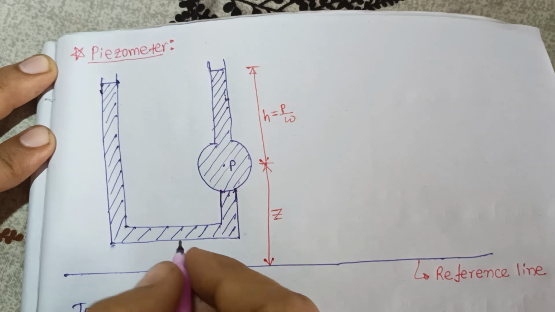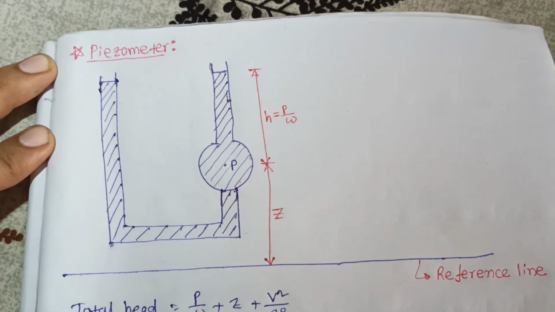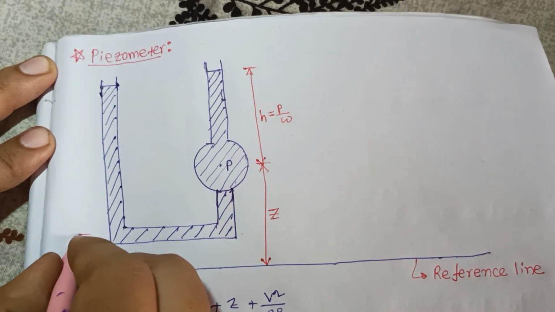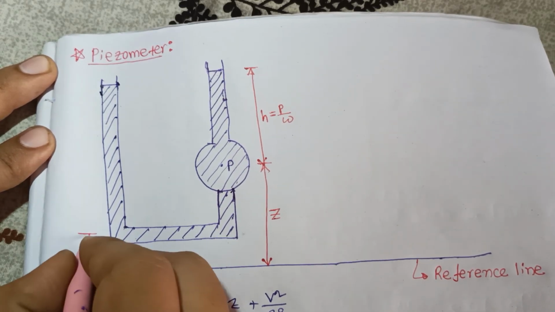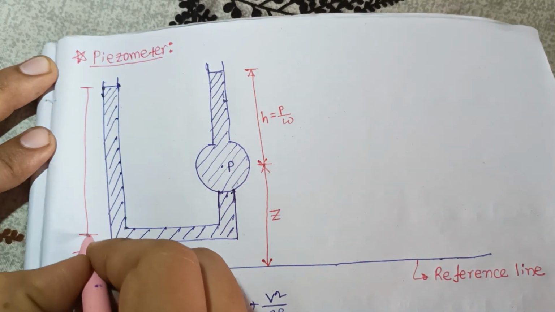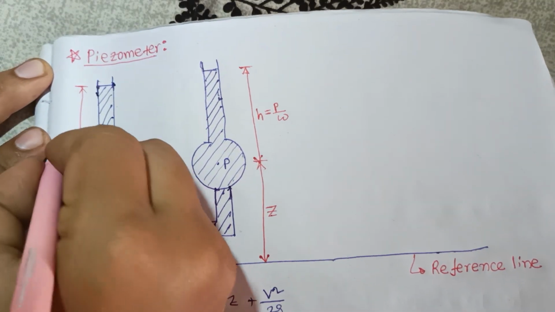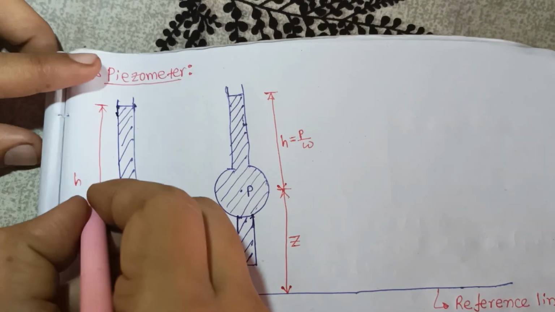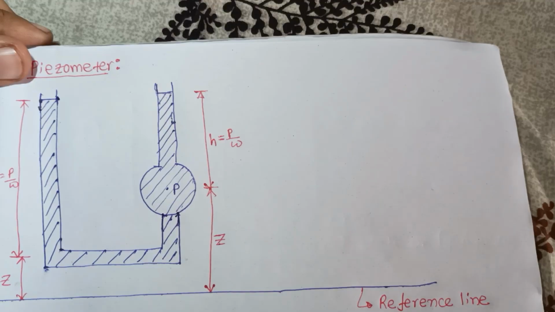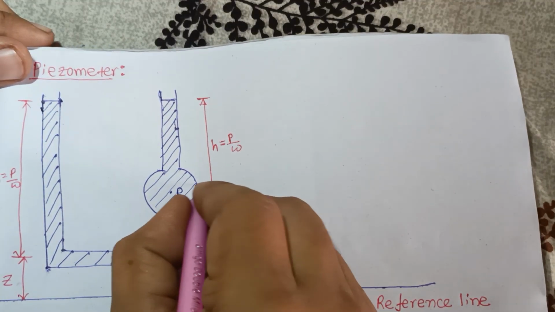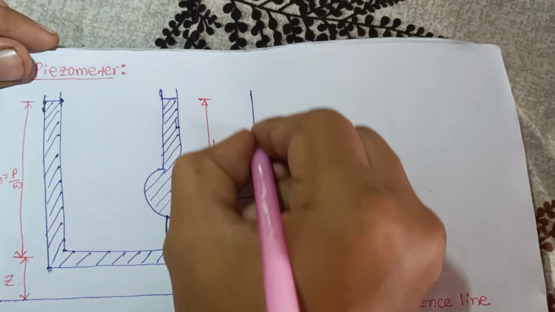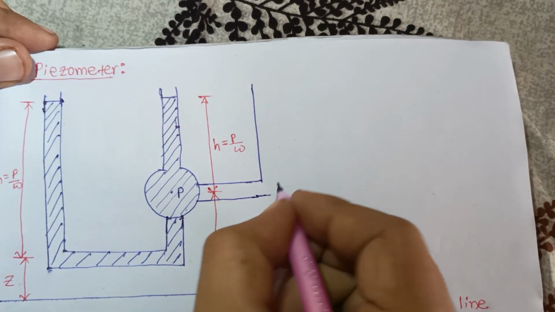Here the height is z, this is the z, and from here to here the distance is h, that is equal to p by omega. So you can also attach one tube here to measure the same pressure.